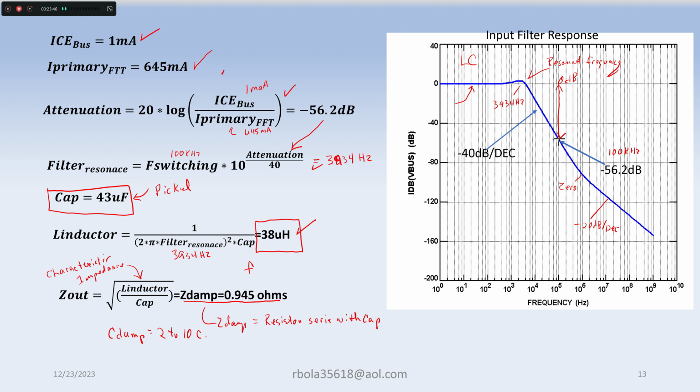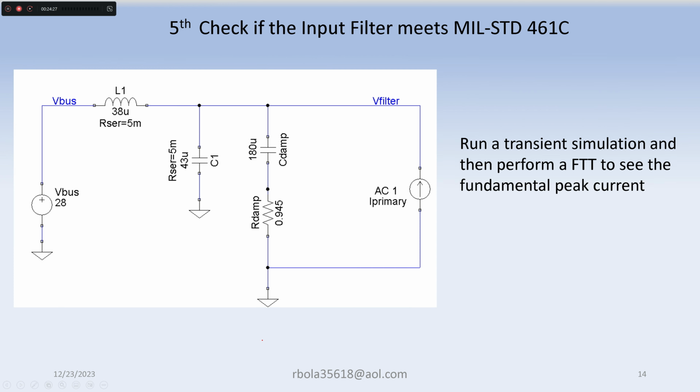And in this case, if I'm going to use 10 times 43 microfarad, then I will use 430 microfarad in series with the R damp, and this should damp your input filter very well.